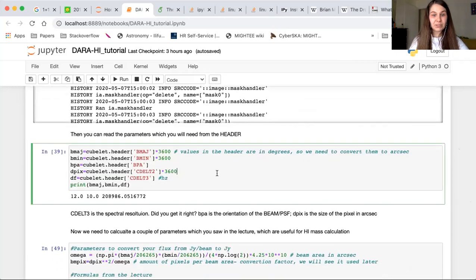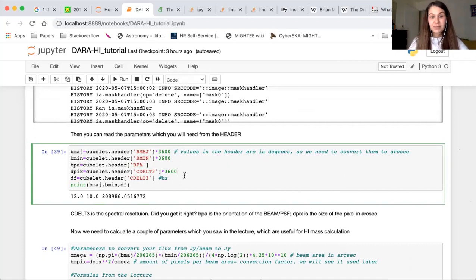And here we can extract the values from the header which we will need for our further analysis. For example, here I'm extracting the major and minor axis of the synthesized beam, and all values here are in degrees, so you need to multiply by 3600 to get arcseconds.